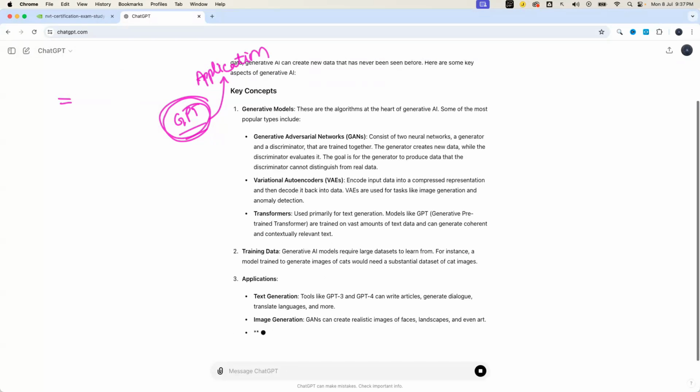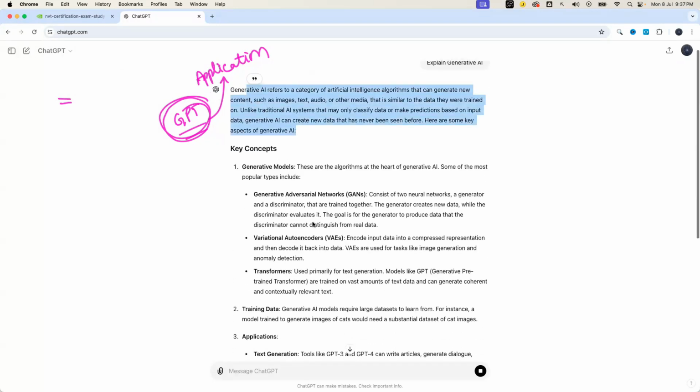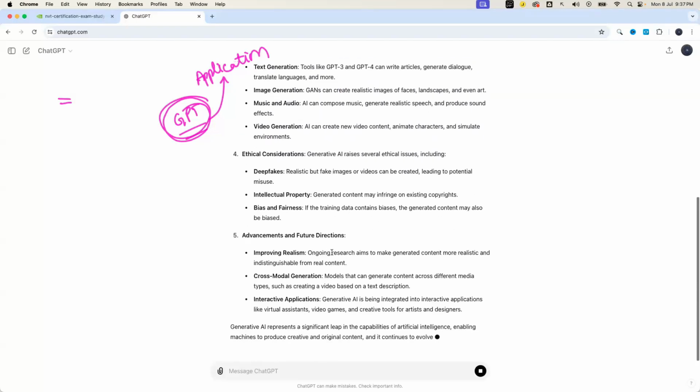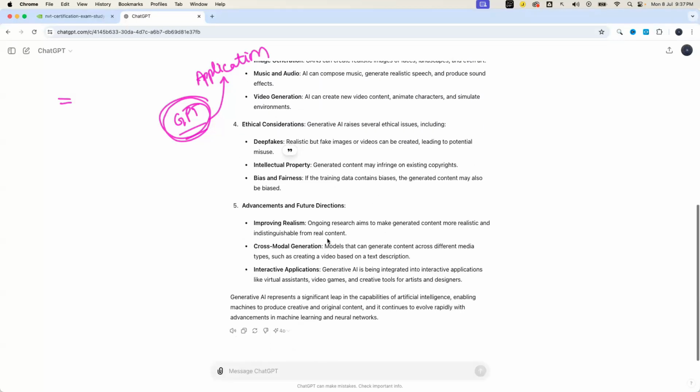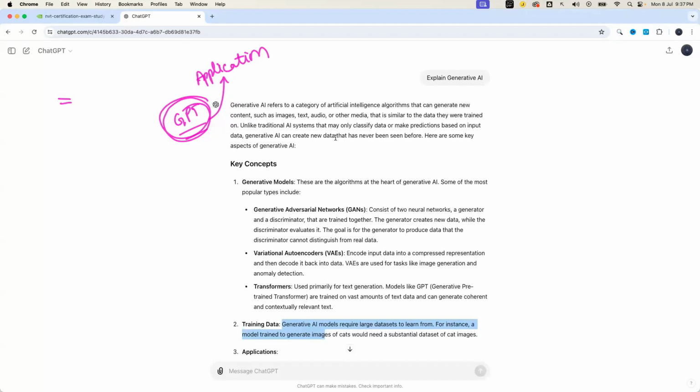Okay, it is explaining directly. It describes what generative AI is, the key concepts, the training data, applications. It's providing the complete details about the topic I asked about, that is generative AI.